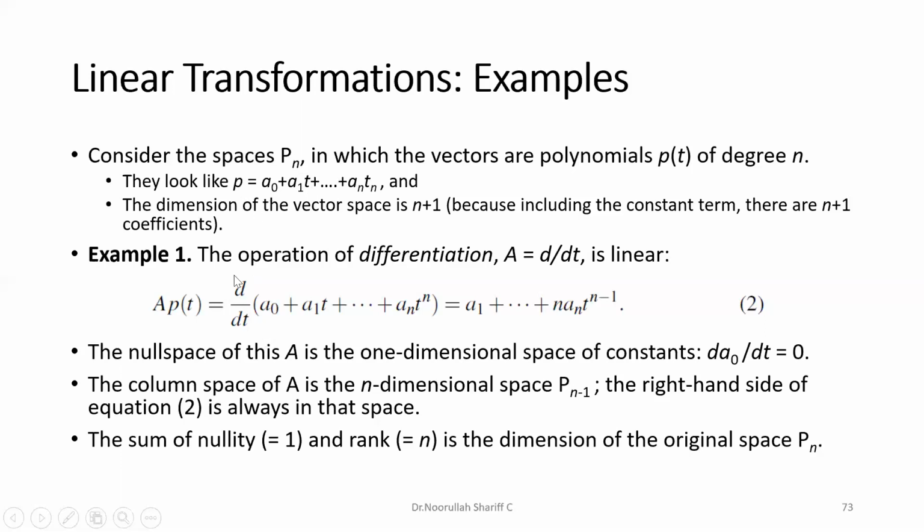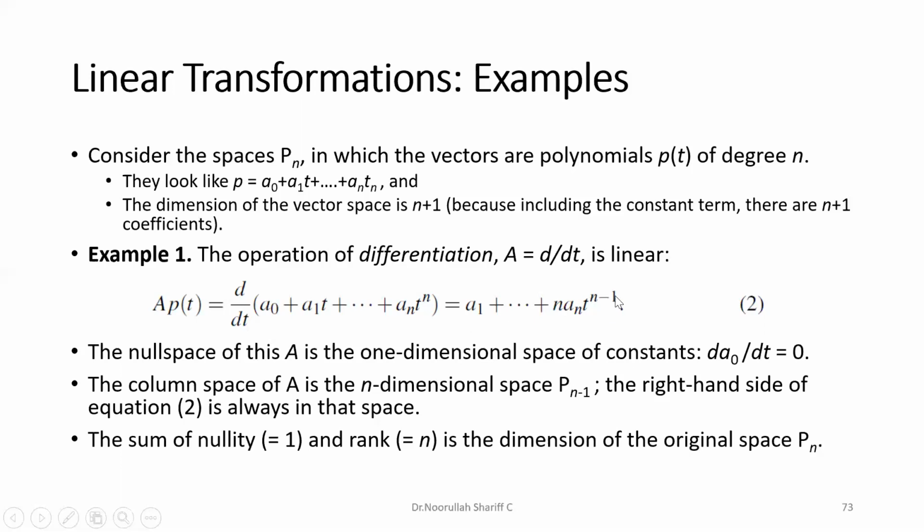And if you try to take the differentiation of this, then we are going to get this, because d by dt of a0 will be 0, d by dt of a1t will be a1, d by dt of a2t squared will be 2a2t, and d by dt of an t to the power n will be n an t to the power n minus 1.